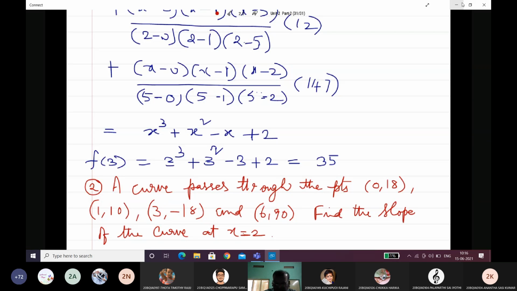What is the meaning of slope? Anyone? Y is equal to f of x is a curve.